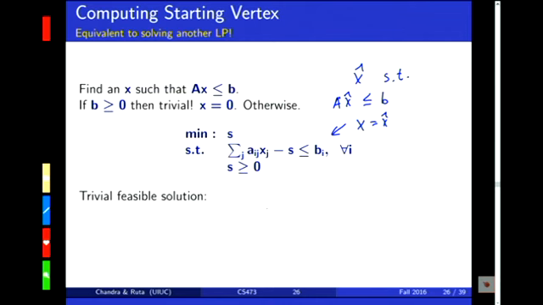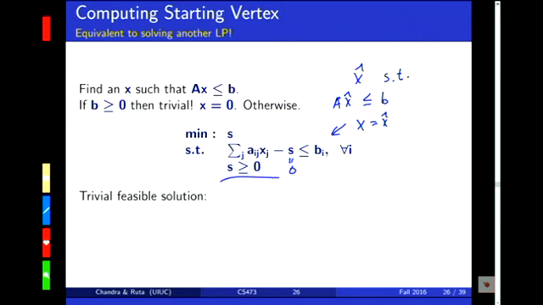Zero, right? Because if I set S to 0, the constraint will still remain tight because if S is 0, this is just saying Ax less than or equals b. And I cannot set S to below 0 because of this constraint.